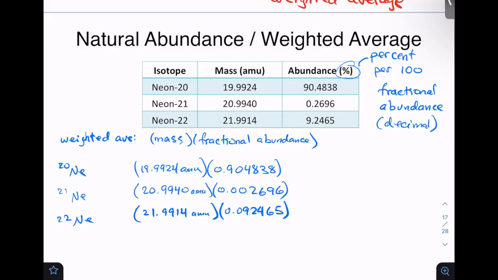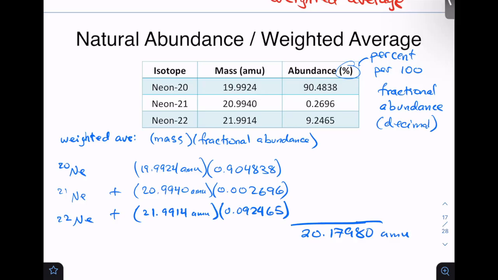Now, I'm not going to spend the time to punch this in my calculator and show you what the actual numbers are. You can do that on your own. Prove to yourself, right? When you go home and fill this out, these will all add up to, when I did it in my notes, I got 20.17980 AMU for my weighted average.